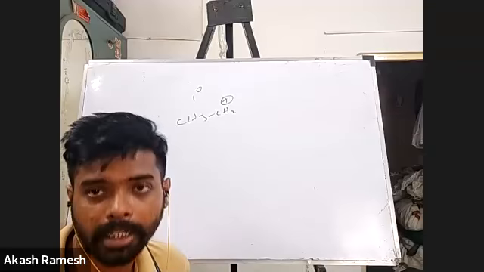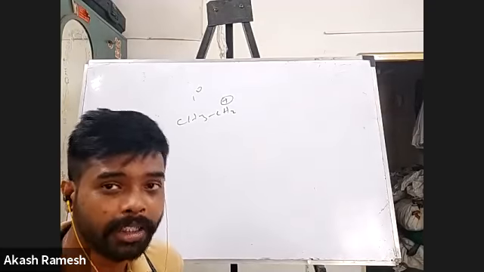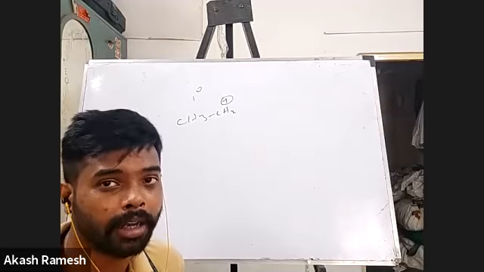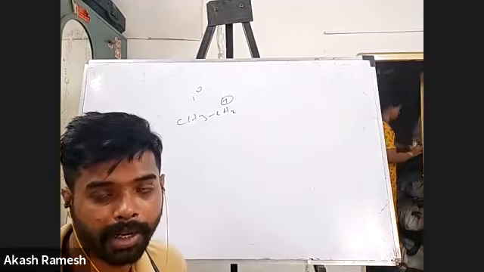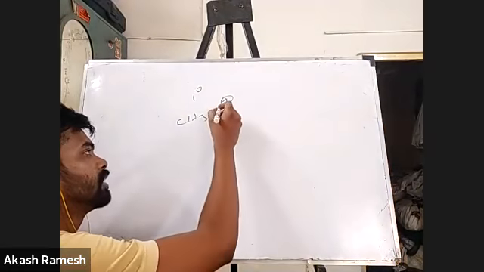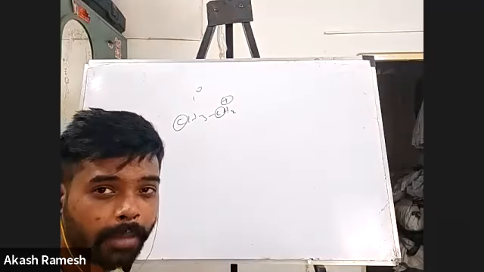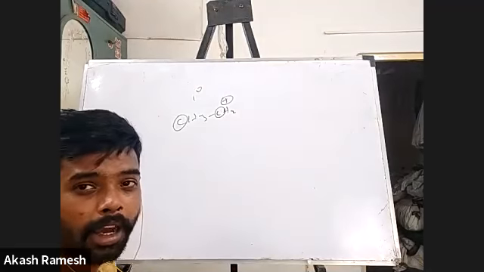If the carbon containing the charge is attached to only one carbon atom, it is called primary. In this case, the carbon atom having the charge is attached to one other carbon atom only, so it is going to be primary.